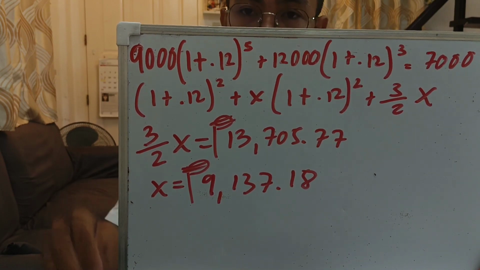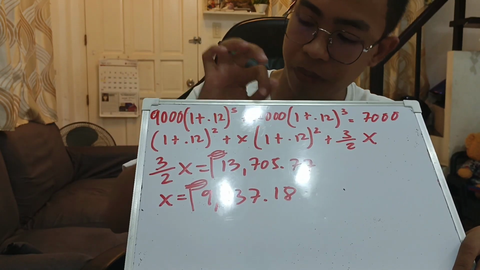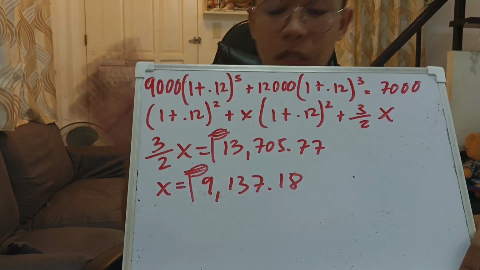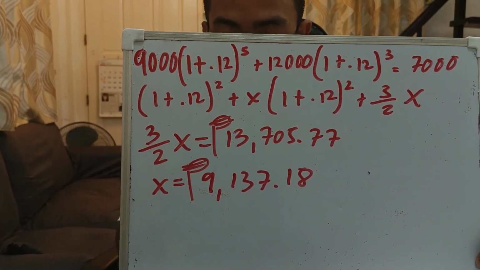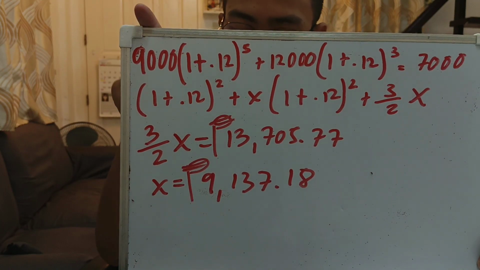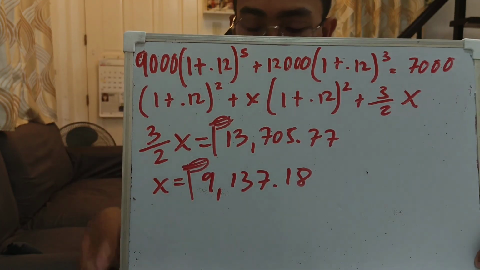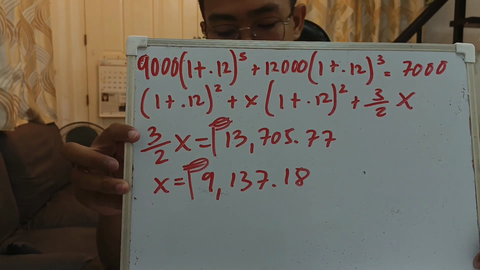Then still use the future amount formula on the partial payment, which is 7,000 here, and then the amount of each payment we will let be X. So our X here is the amount of each payment.